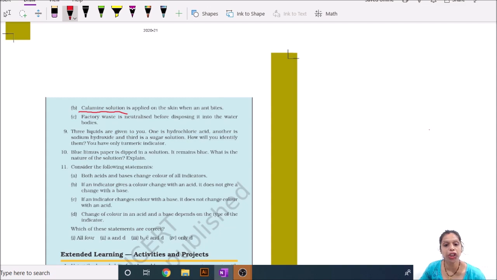Three liquids are given to you. One is hydrochloric acid, another is sodium hydroxide, and third is sugar solution. How will you identify them? By the turmeric indicator.